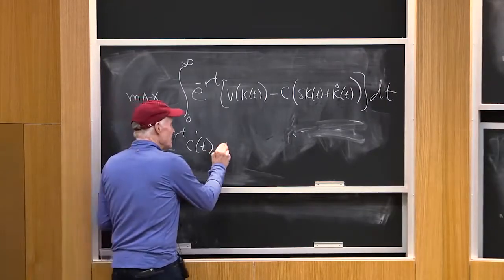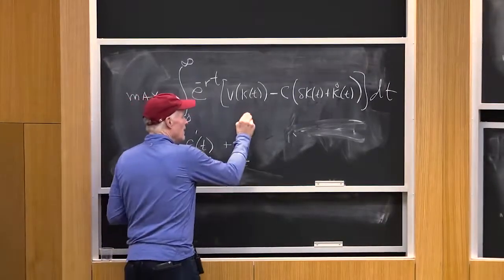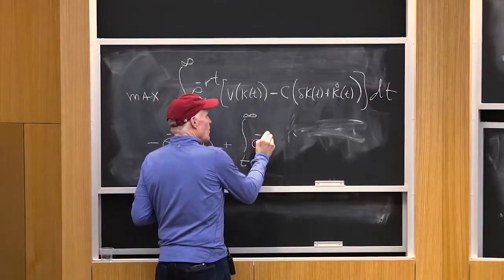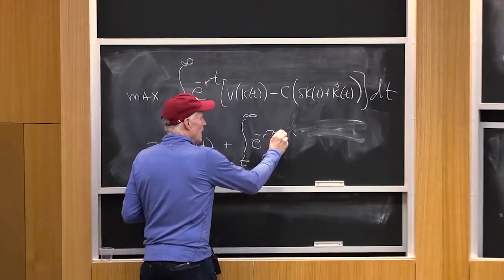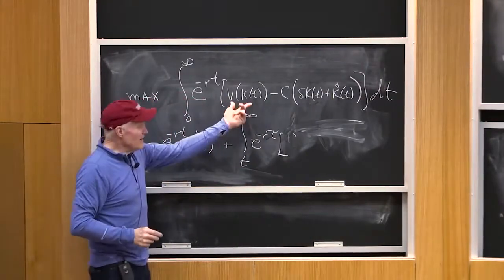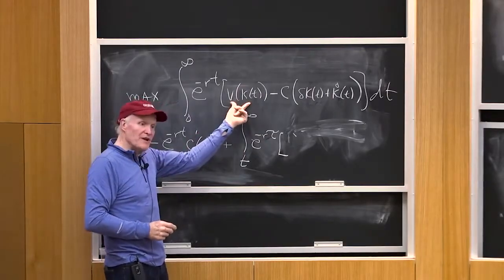That's what it's going to do to mine. But then what am I going to get from then on? From date t forward, I'm going to get e to the minus r tau. And what am I going to get? Well, I'm going to have extra k. If I did one more unit of k dot, I'm going to have one more unit of k.